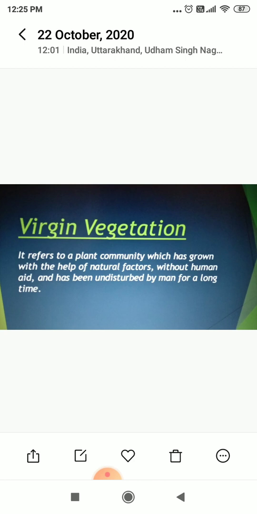Endemic or indigenous species are those species of a virgin vegetation which are purely Indian by origin. And there are some species which have come from a foreign country or outside India. They are termed exotic plants. Clear?